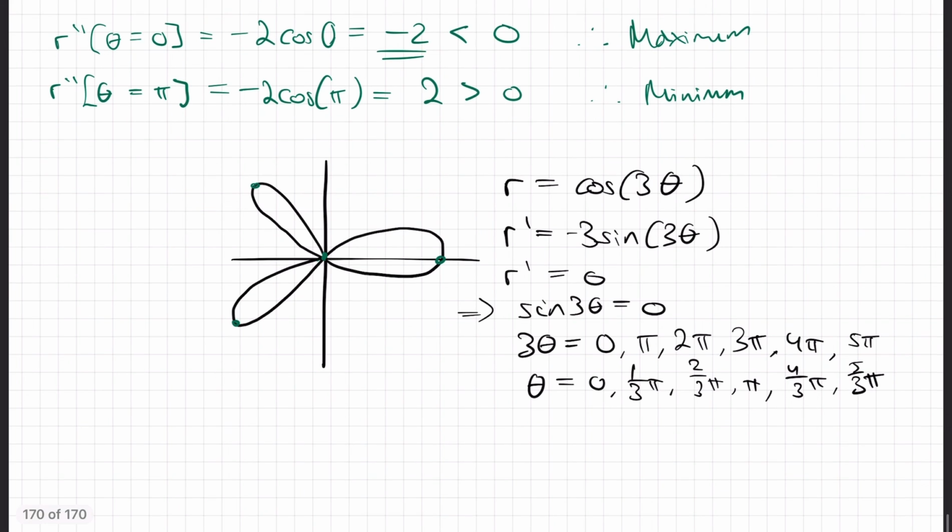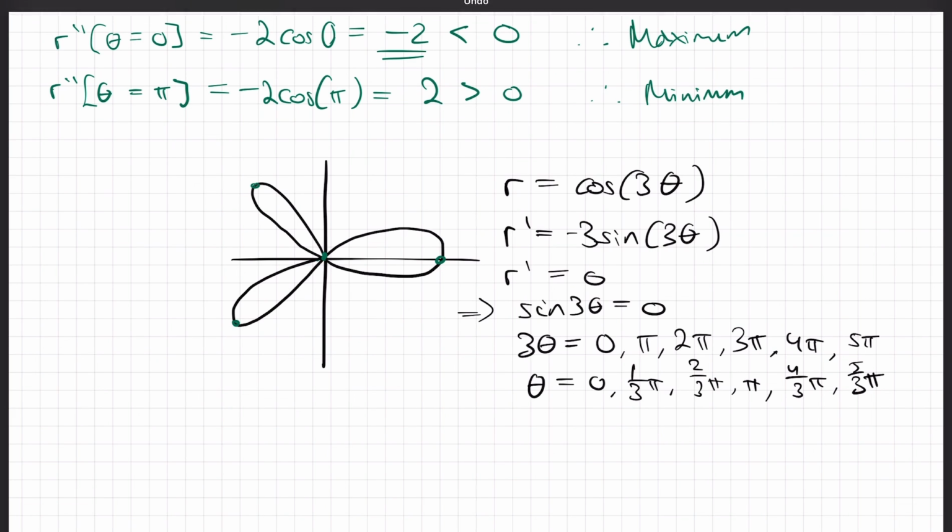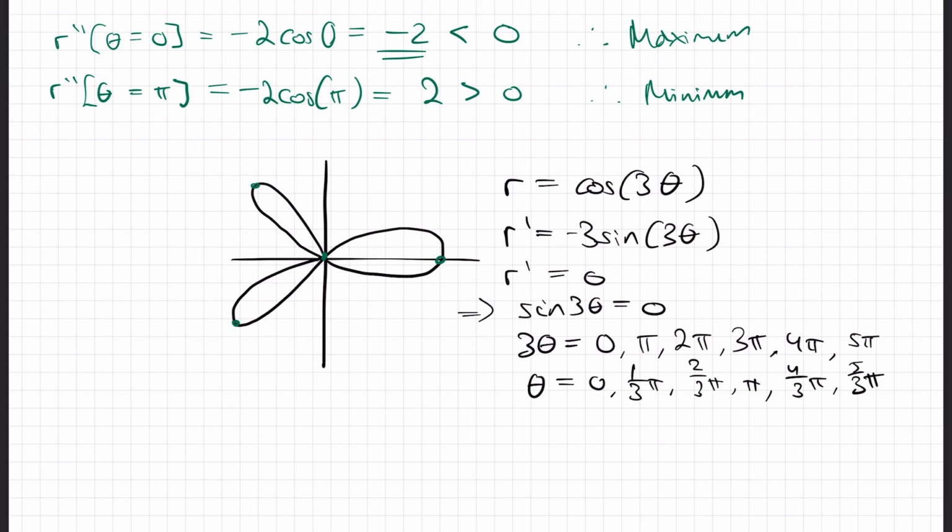The pi one is the minimum again, and then the 4/3 pi one, well, that's going to be this one here, and then again the 5/3 pi one is this minimum.